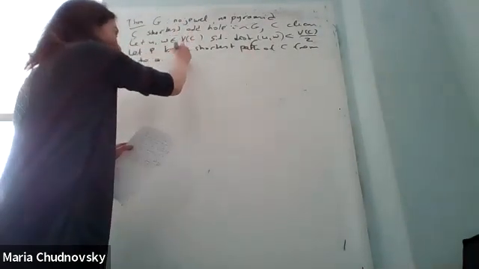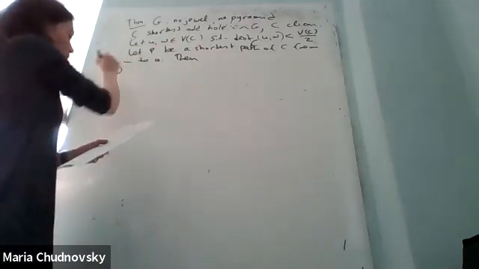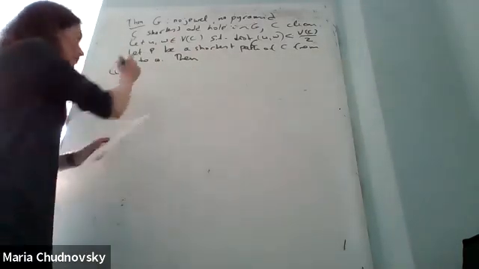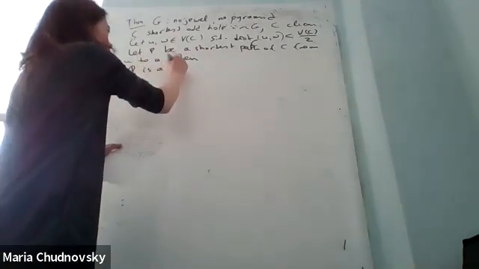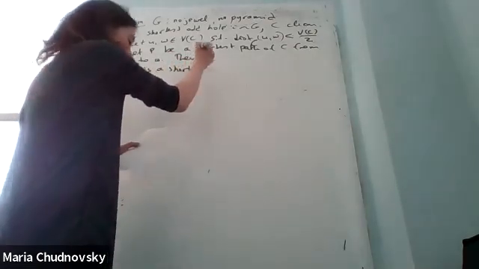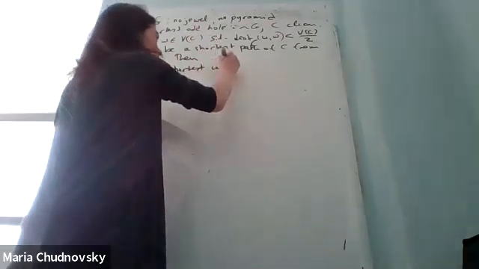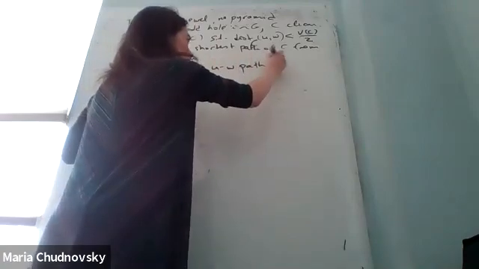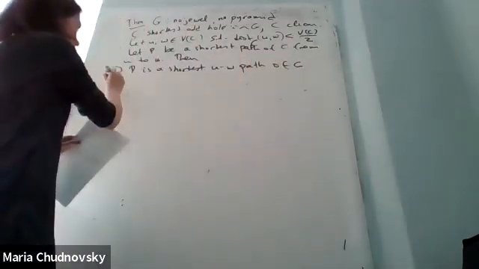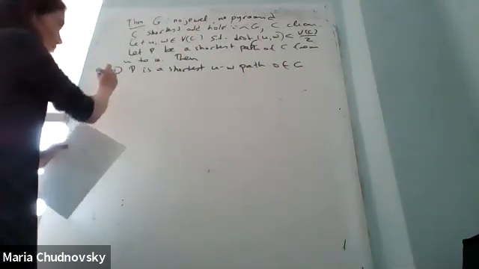Then finally we got to that. Two things. One, P is a shortest UW path of G. That is, not just the shortest in C, it's really shortest.